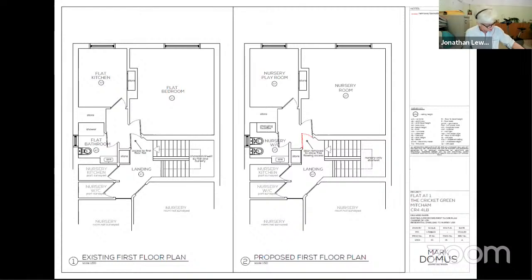That was then changed to it simply being for staff operating or working at the nursery. As I've said, you can see from the images that it's a non-self-contained flat.